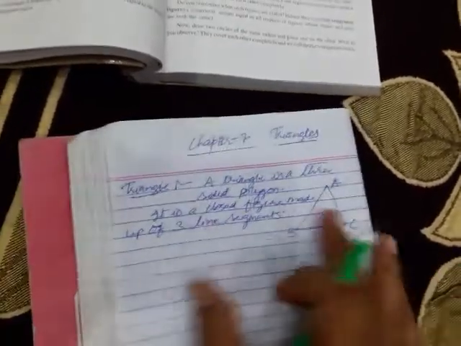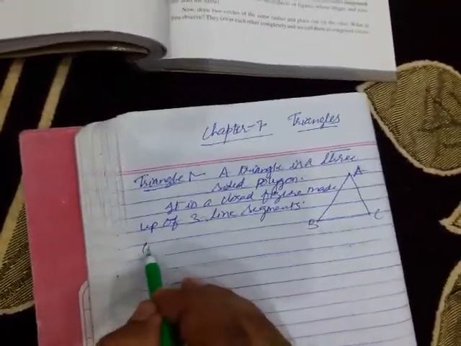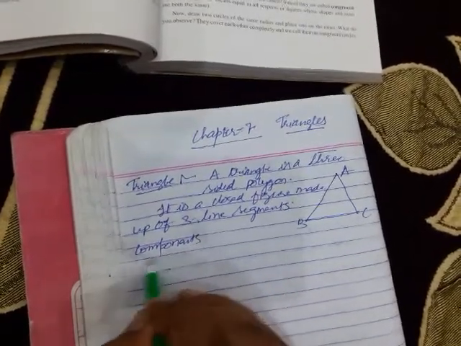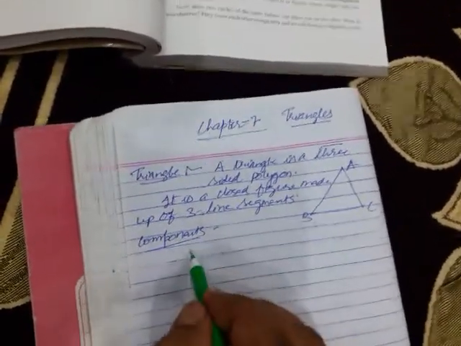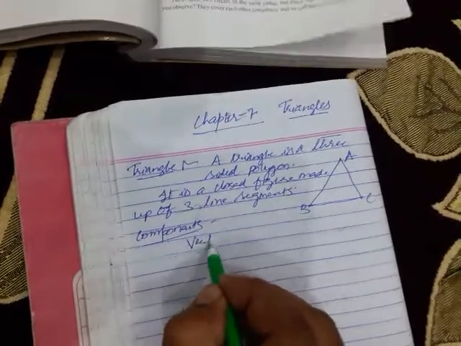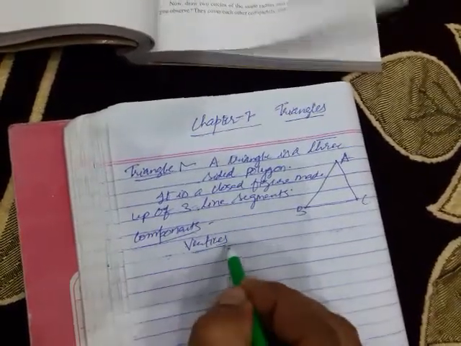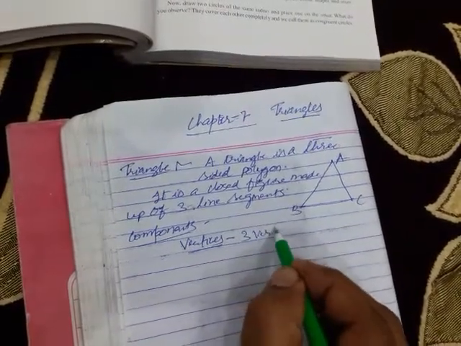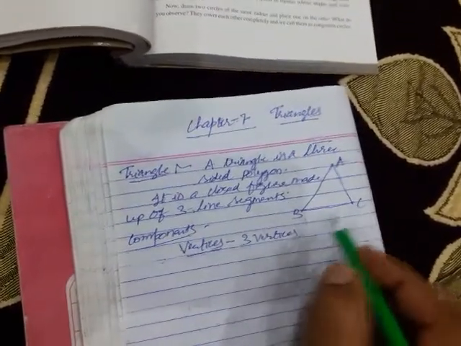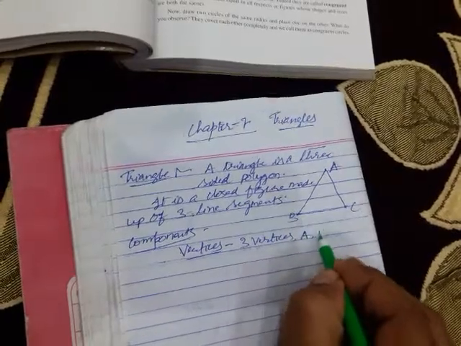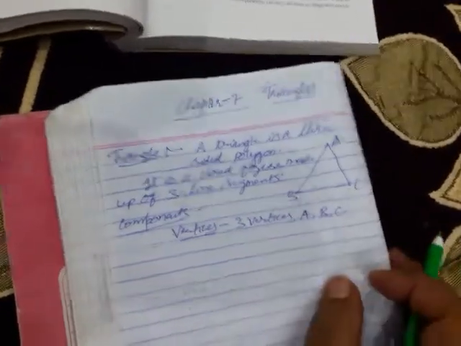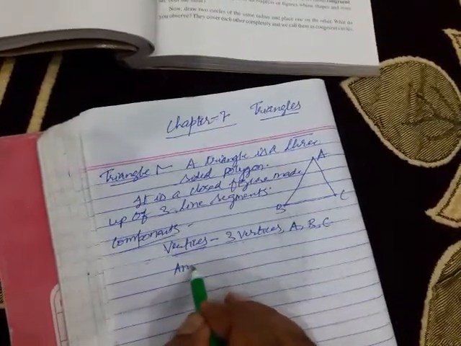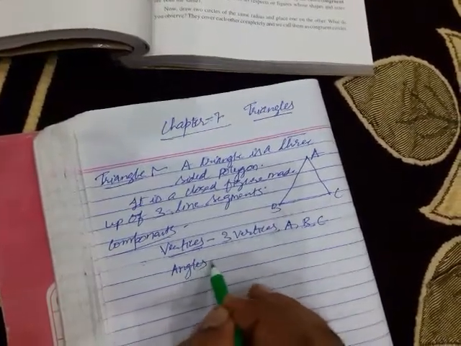Okay children, so now what are the components of a triangle? Vertices first. How many vertices are there? 3 vertices. What are they? A, B, C. There are 3 vertices in a triangle. Then angles. How many angles are there?